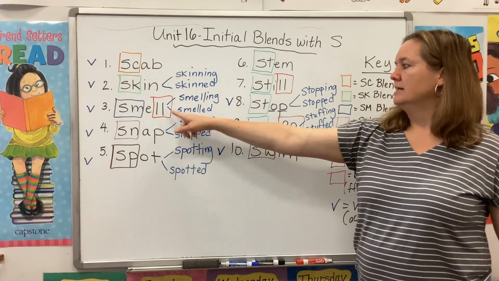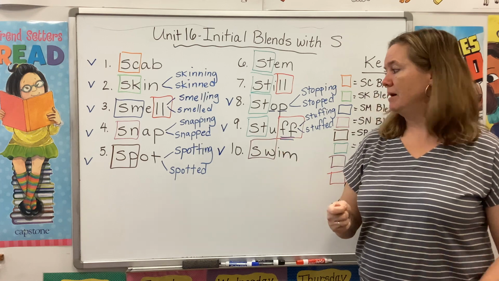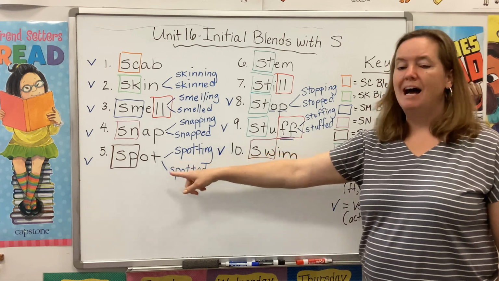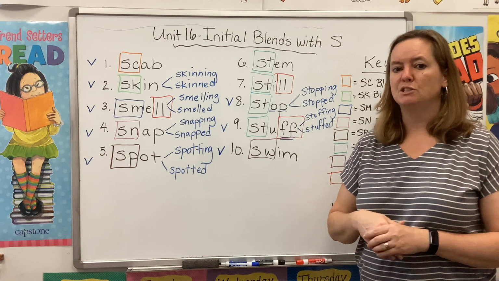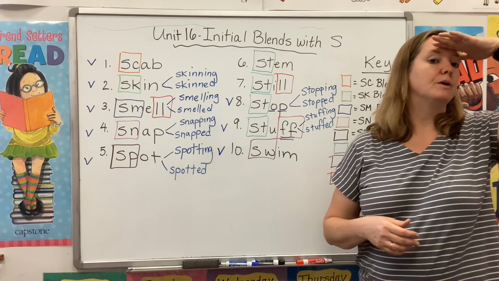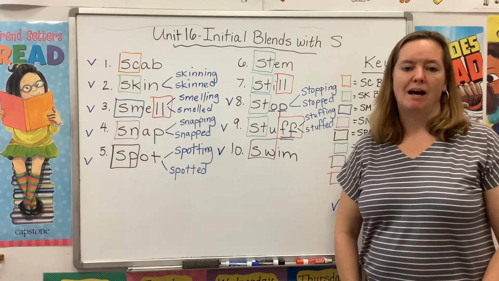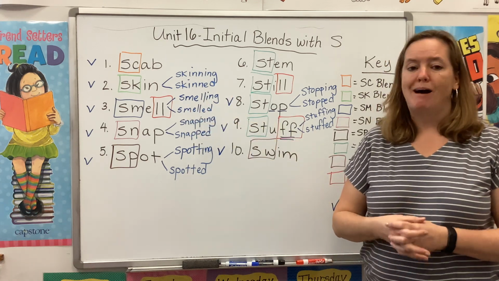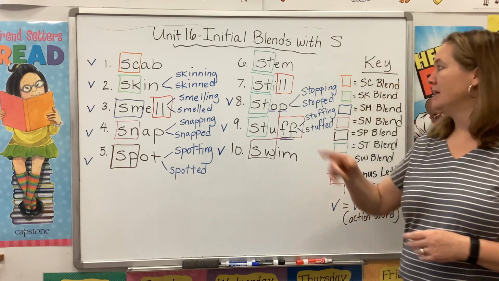Skin, we know. Smell, we know. Snap, you snap your fingers, you snap a button. Spot can be like a spot on the glasses or a spot on your clothes, or you can spot something, or you can have a favorite spot. Like maybe you have a favorite spot where you like to go for picnics or go for walks.